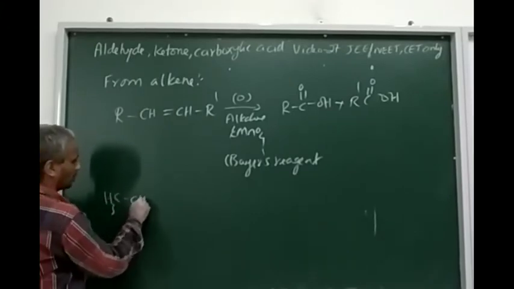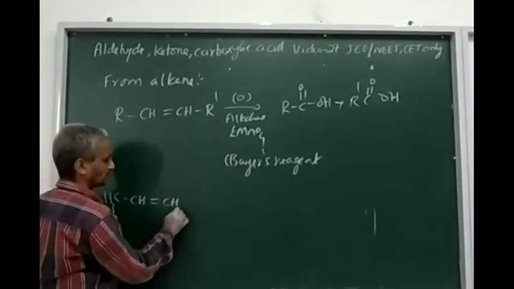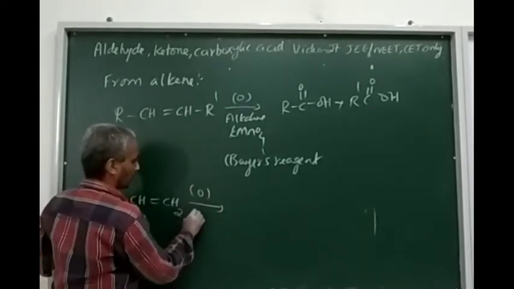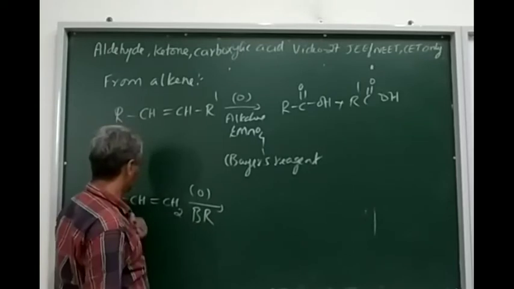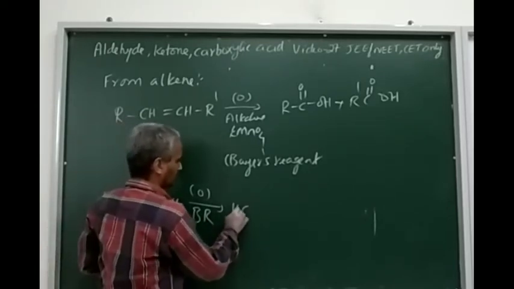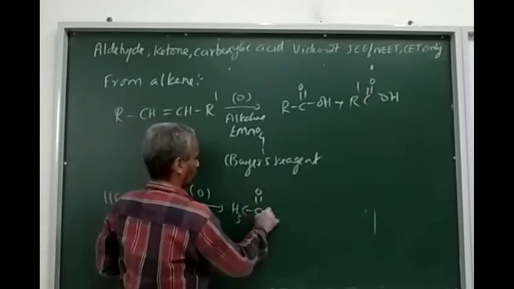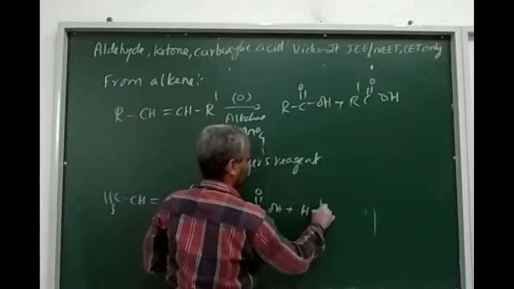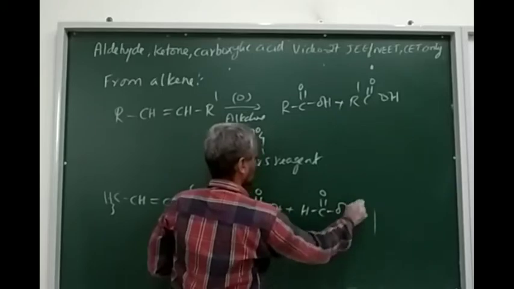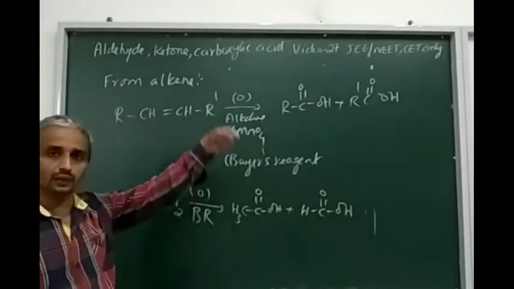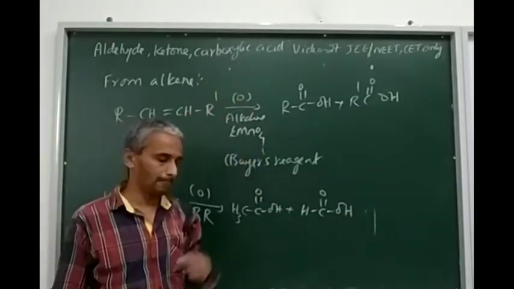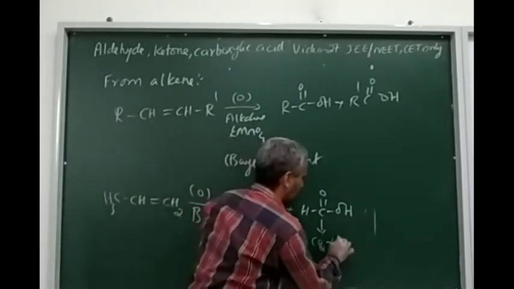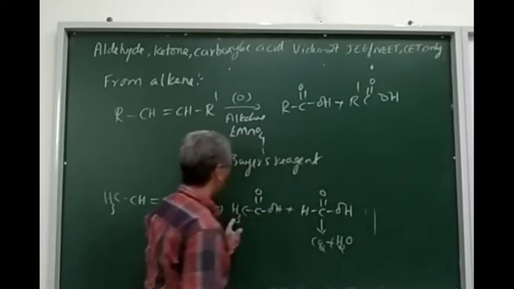CH3CH=CH2. On oxidation with Baeyer's reagent, I am going to get CH3COOH plus HCOOH, and HCOOH can convert further. This carbon, HCOOH, can convert into carbon dioxide and water also by the oxidizing agent.